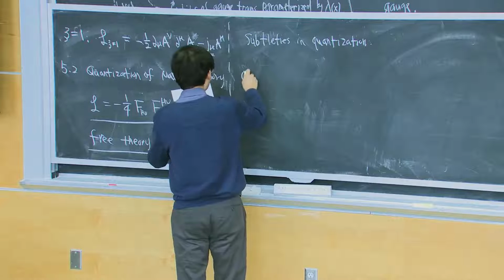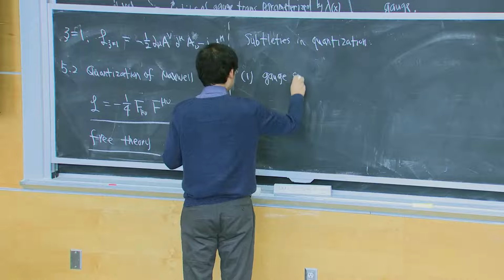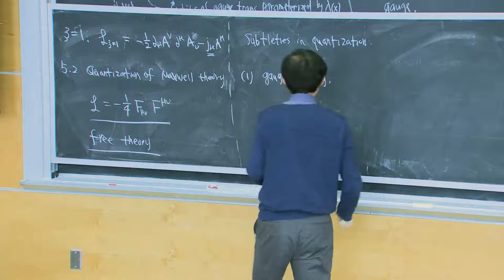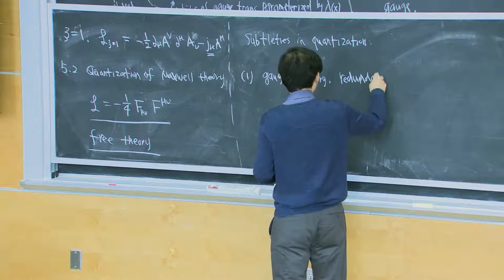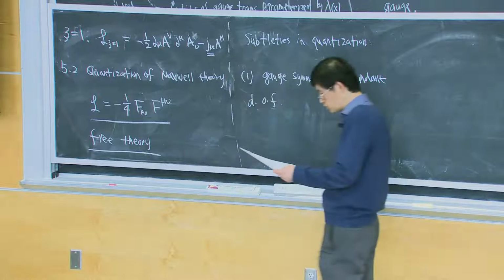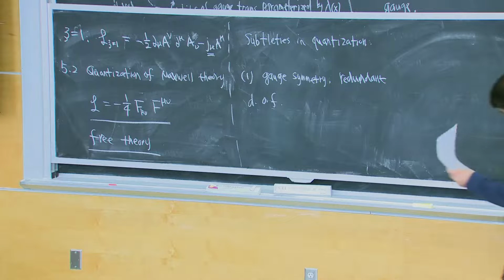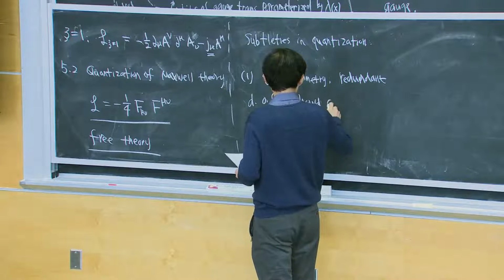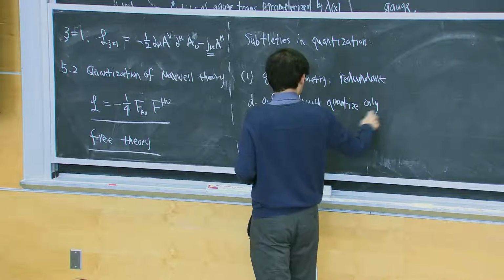First, because of the gauge symmetry, there are redundant degrees of freedom which are unphysical. We should quantize only the physical degrees of freedom.